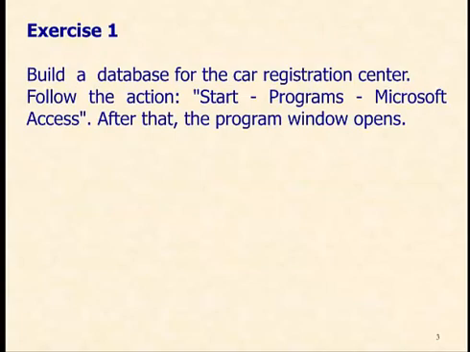Exercise 1. You need to build a database for the car registration center. Follow the action. Push Start button, and then Programs, and then Microsoft Access. After that, the program window opens.